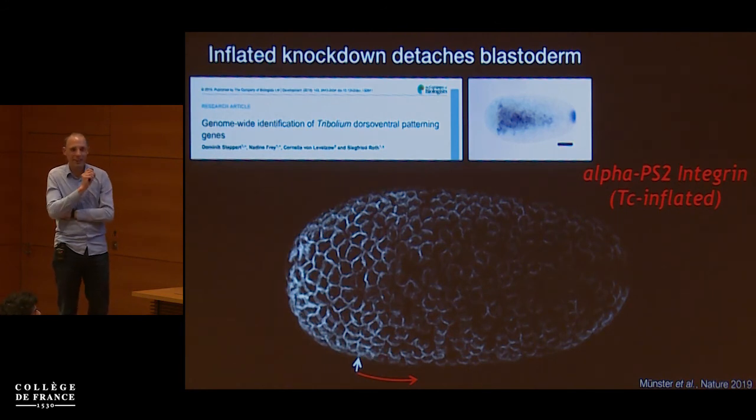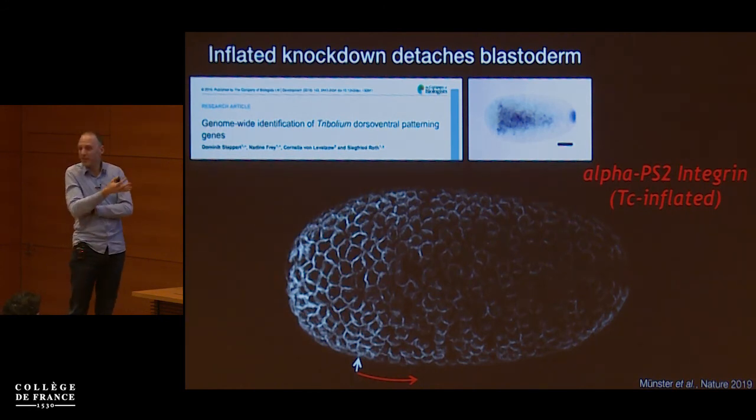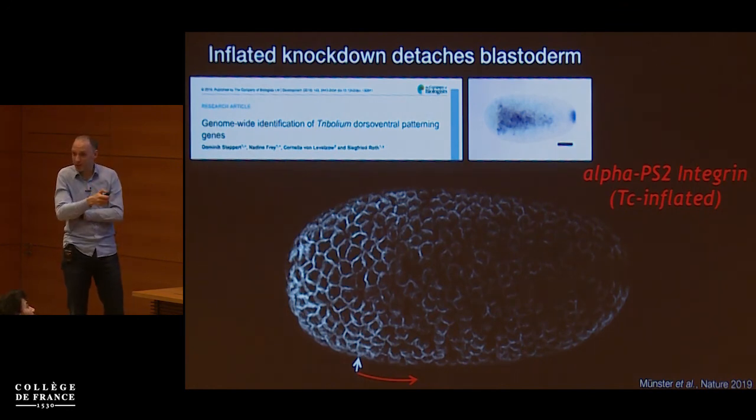And this is in fact an integrin. So integrins are proteins that mediate contacts between cells and even from cells to the outside. So we were quite excited about that because here's a specific integrin that has exactly the right expression pattern that might be driving selectively this attachment.